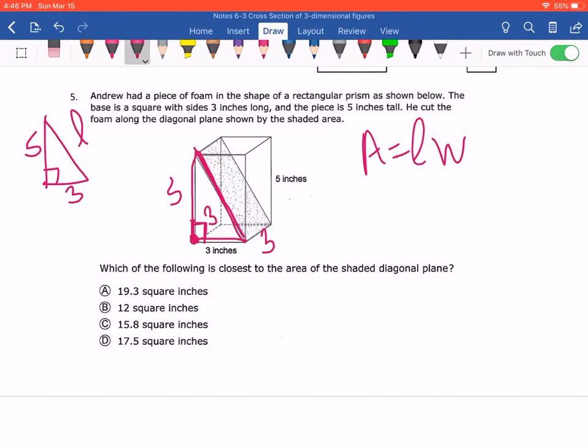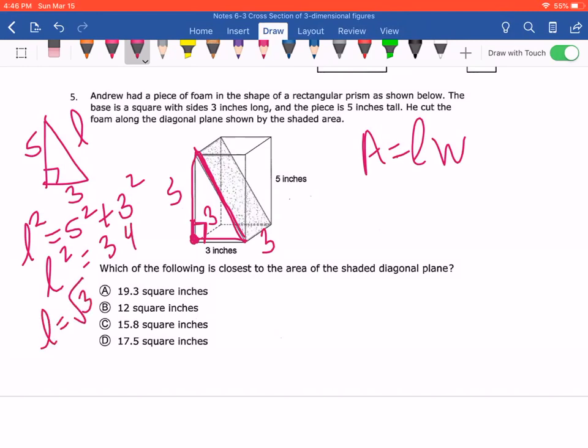So if that's the case, I can go ahead and use my Pythagorean theorem, which says L squared is equal to 5 squared plus 3 squared. L squared is then equal to 34. L then is equal to plus or minus root 34. However, be mindful we are dealing with length. Length is always positive, so we're only going to consider the positive root 34. Now I know what my length is.